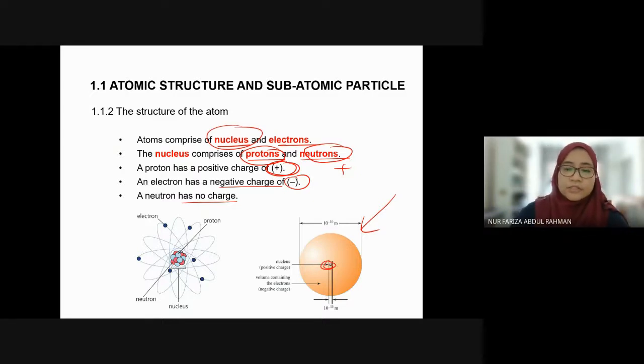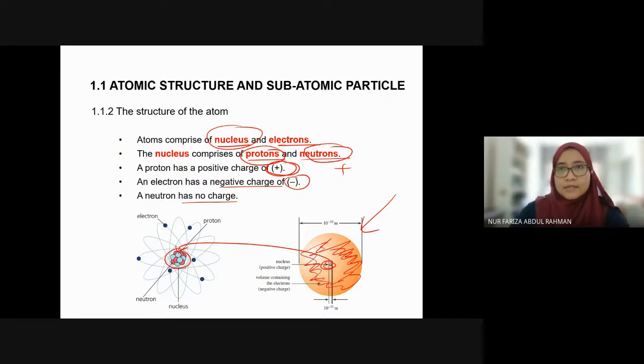We cannot find an electron in the nucleus. Electron, on the other hand, can be found in this region. In fact, we do not know the exact location of the electron.